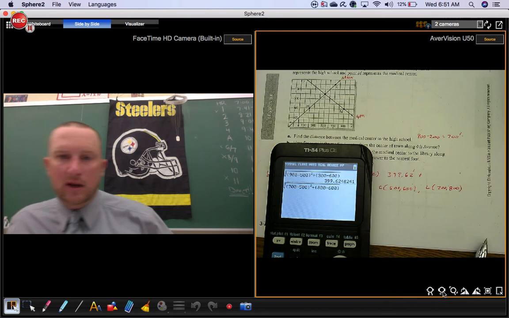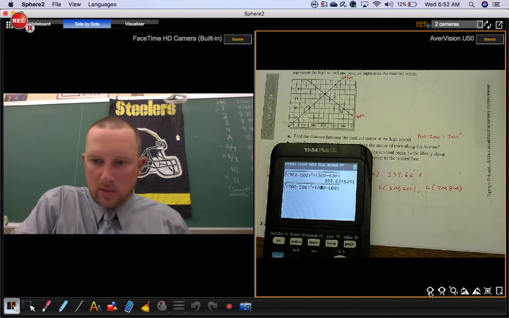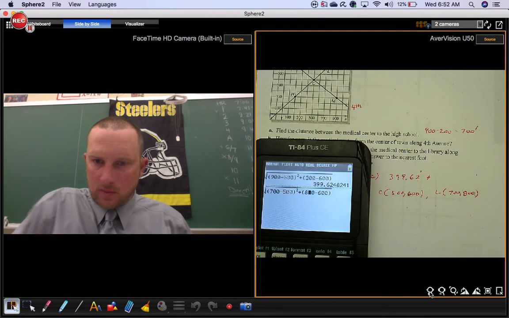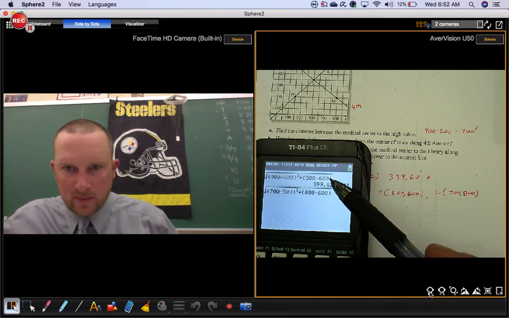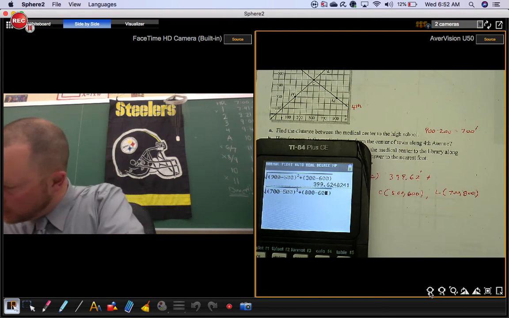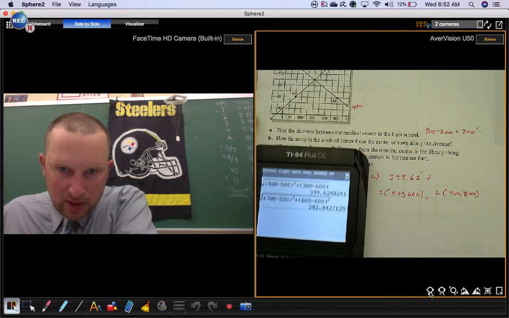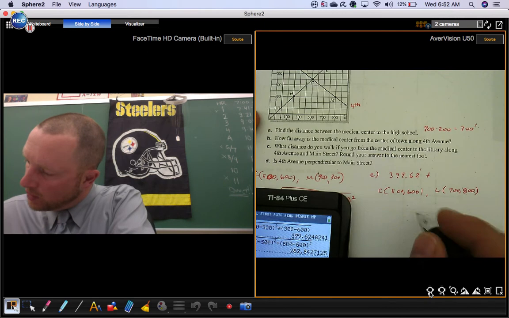Oh, crap. Well, I just noticed that I made a huge mistake here. Notice I didn't put a squared here. Okay, so obviously I got to go back and fix that. That won't be too bad. So I'm going to square this right now. This is an accurate number, 282.84.